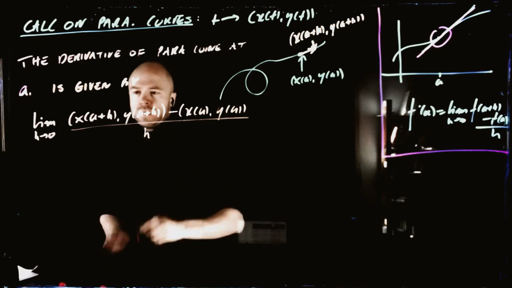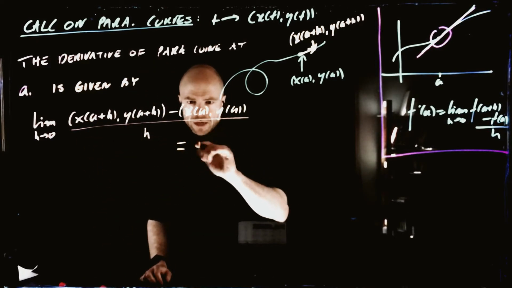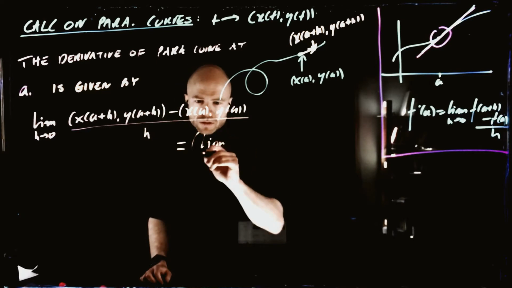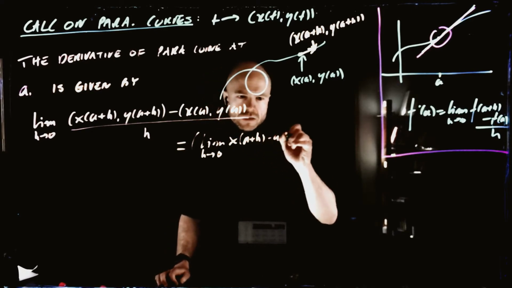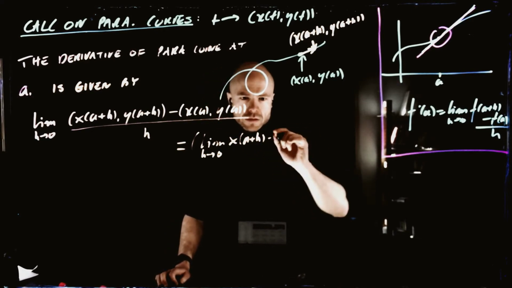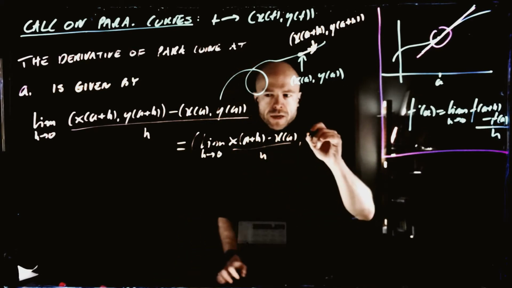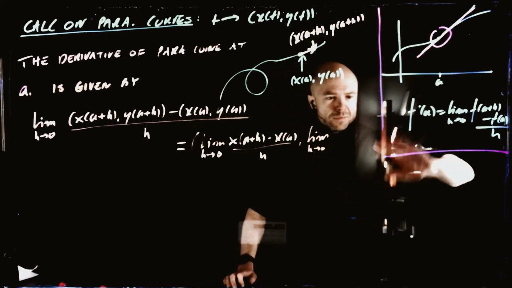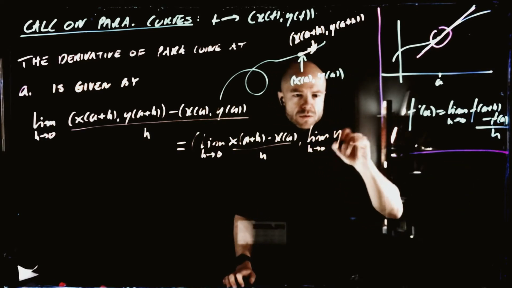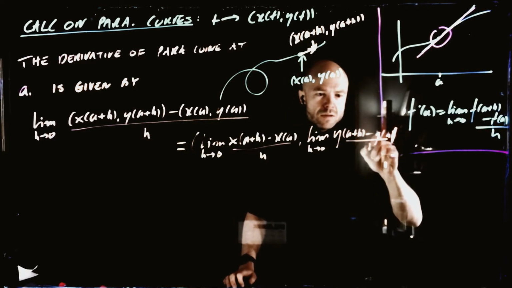And we rewrite this so that the stuff is happening inside the actual coordinates of the vector. So that's the limit as h goes to 0 of x of A plus h minus x of A over h, and the limit as h goes to 0 of y of A plus h minus y of A over h.